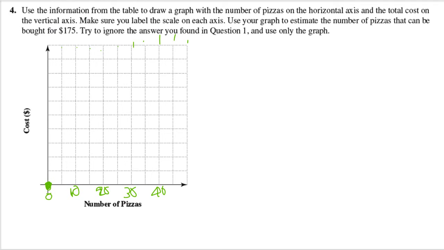And my cost, if I remember right, went up to 270. For my purposes here, I want to get a little more accurate, so I'm going to say I need to go up to 300. And I've got 10 lines again. So every one is going to be 30.